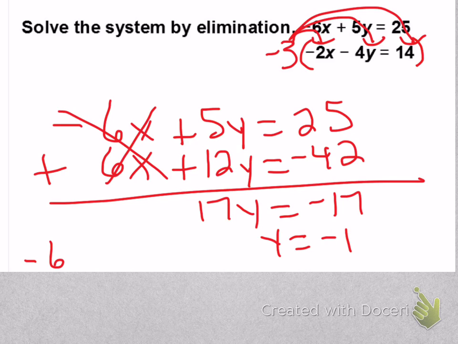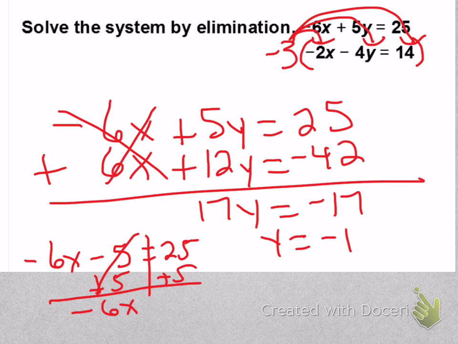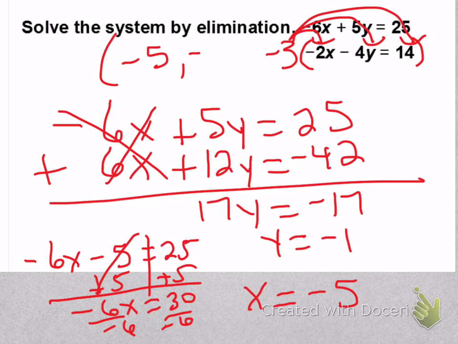So we have negative 6x plus 5 times negative 1 is negative 5 equals 25. And then we just solve a two-step equation. Add 5 to both sides. Negative 6x equals 30, divided by negative 6. So x equals negative 5. So the way we write our ordered pair is negative 5, comma, negative 1.